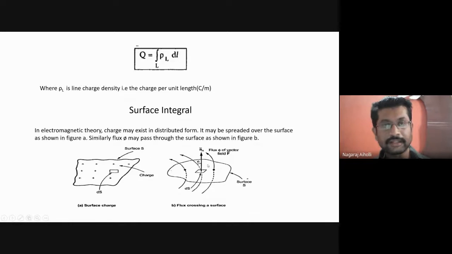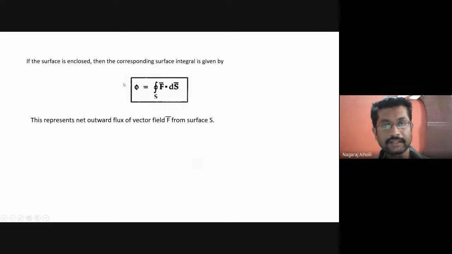If the surface is enclosed, then we get the closed surface integral of f bar dot ds bar, that will give the total outward flux of the vector field f bar from that surface.